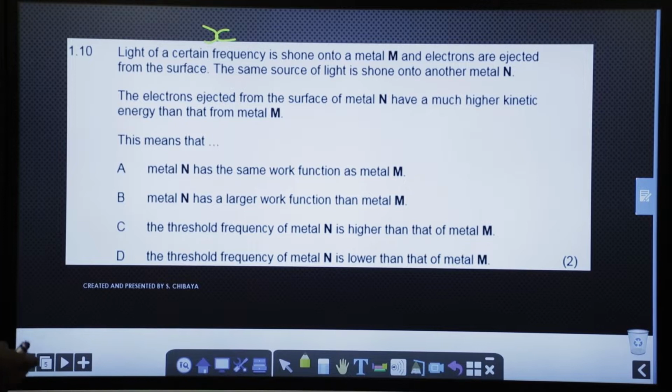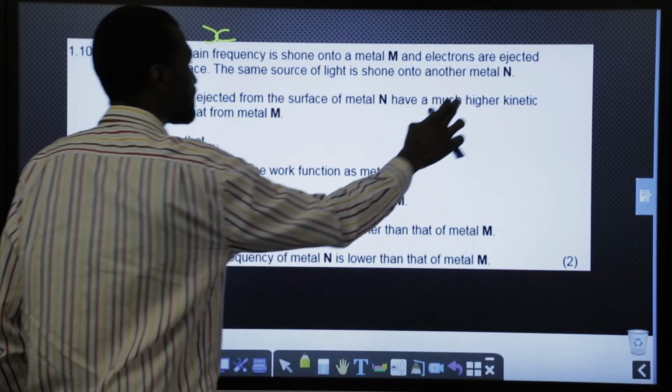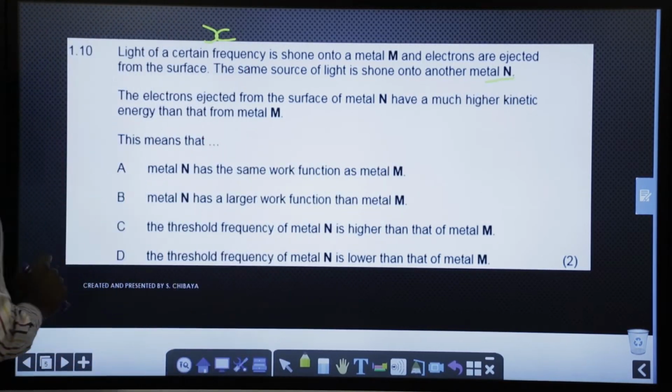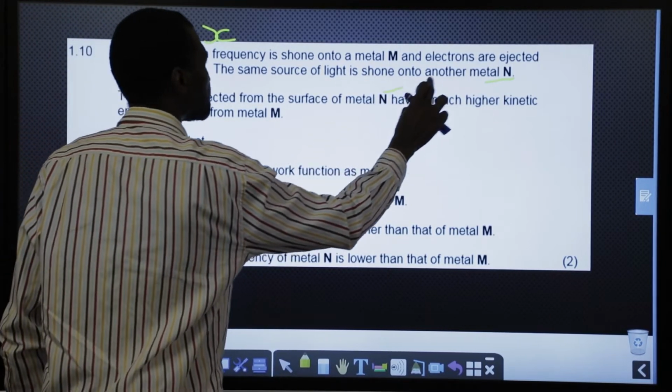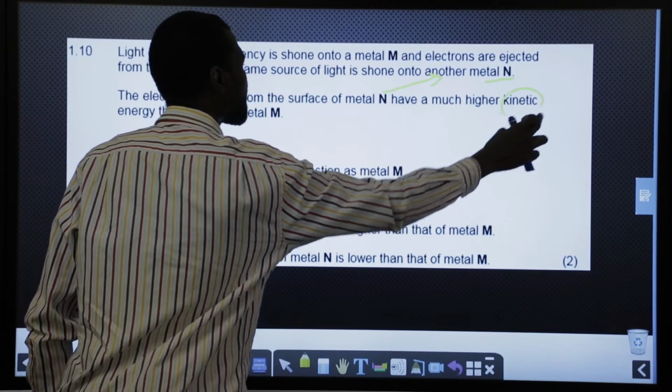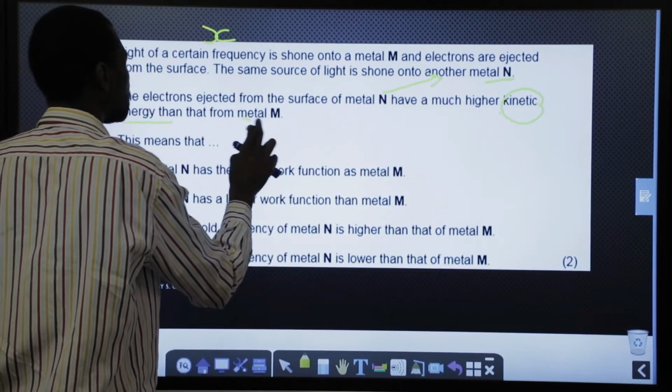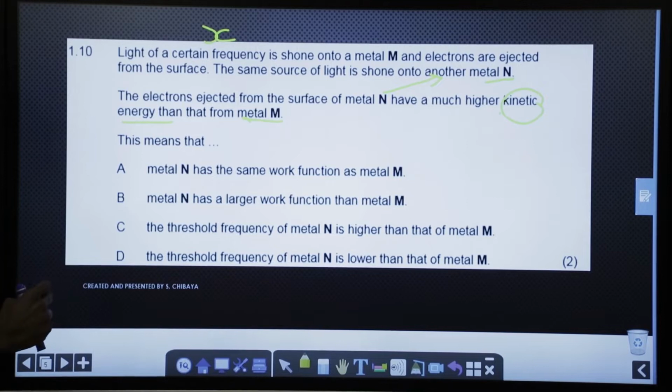The same light is shone onto another metal N. The electrons ejected from the surface of N have much higher kinetic energy than those from metal M.